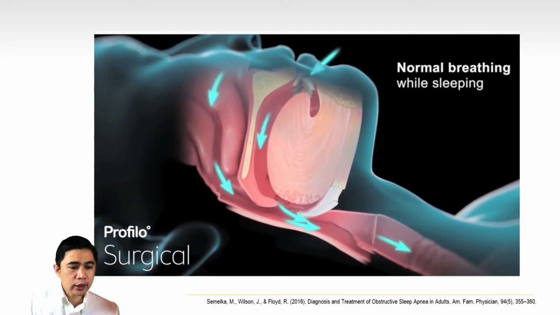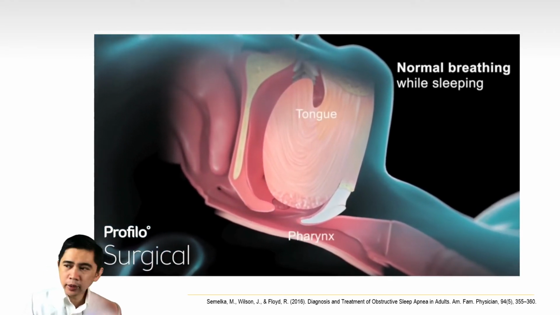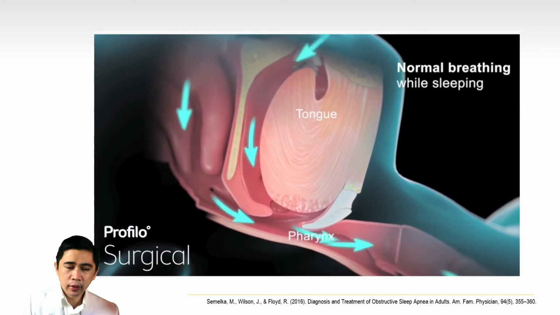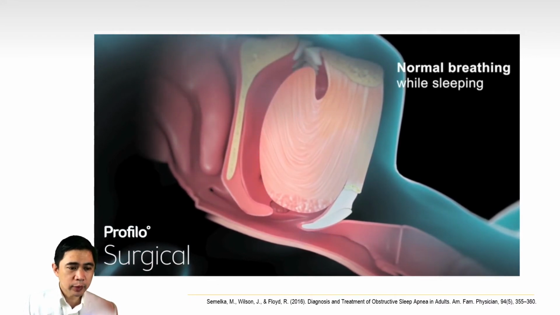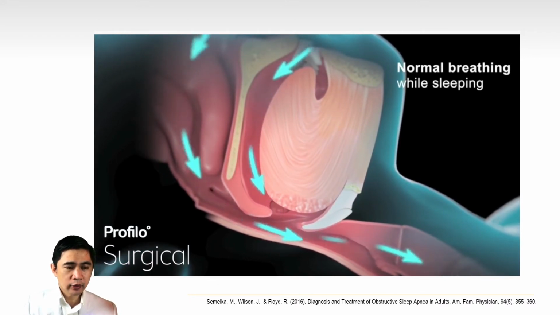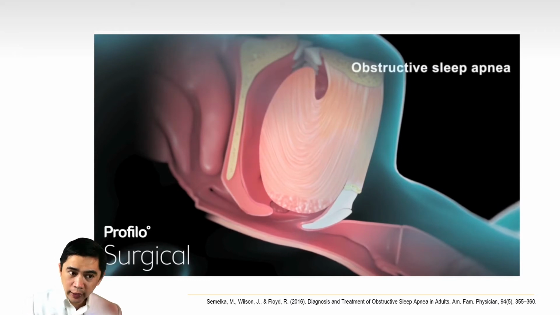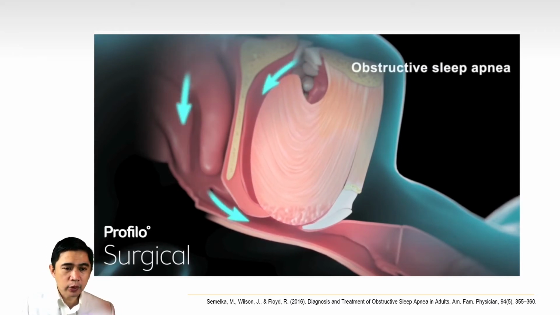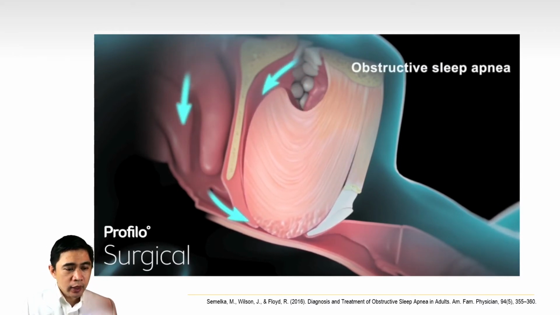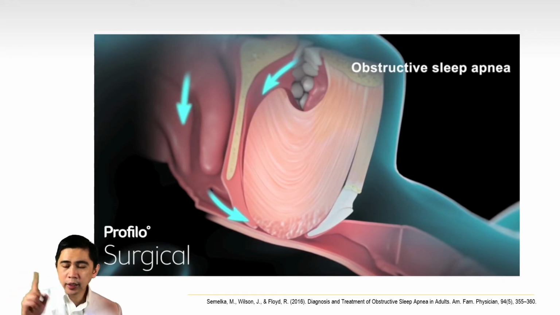But when you are sleeping, in some people it might be problematic, especially if they have a collapsing segment during sleep. So in obstructive sleep apnea, this collapses and there will be an obstruction in this area.